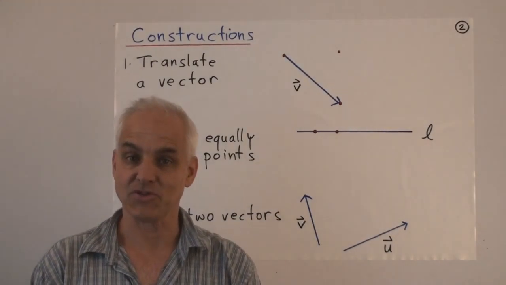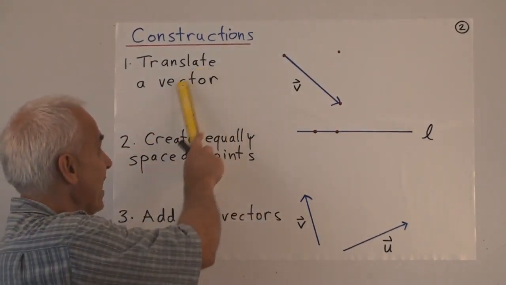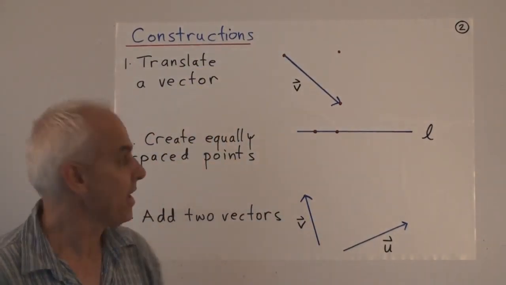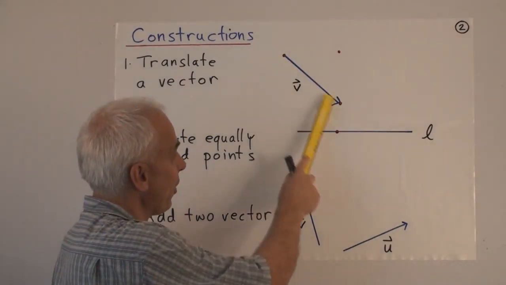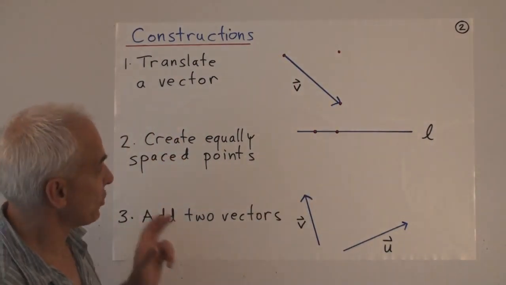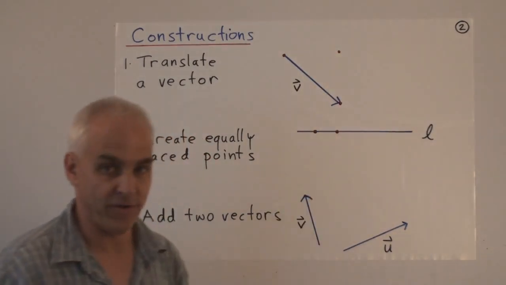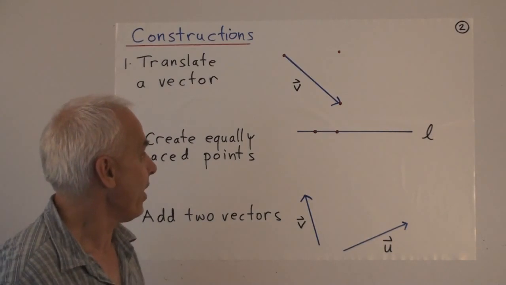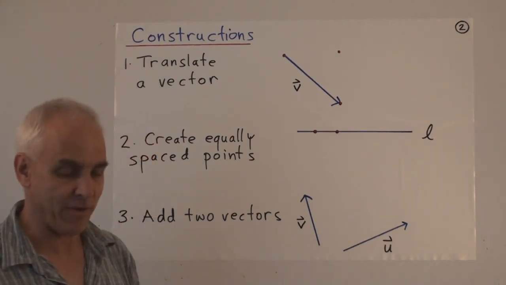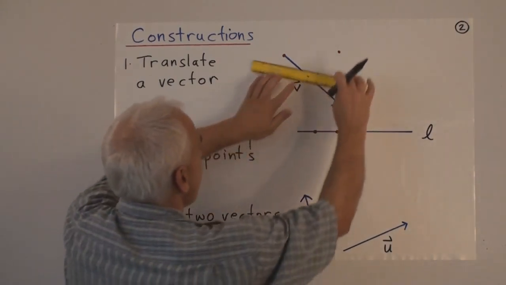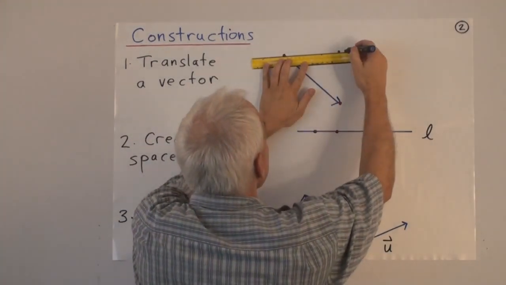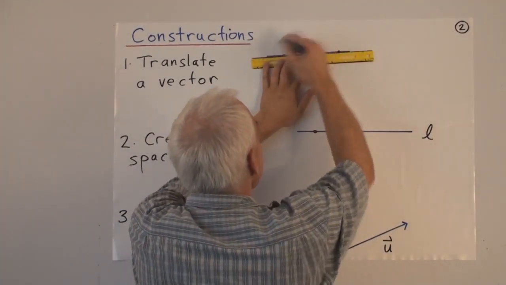So our first basic construction is how to translate a vector. Here's a vector V from this point to this point. And suppose we want to translate that vector so that it's starting from, say, this point. Well, we're only allowed to use parallel lines, so here's how we do it. First, we establish a line through the 2 starting points.